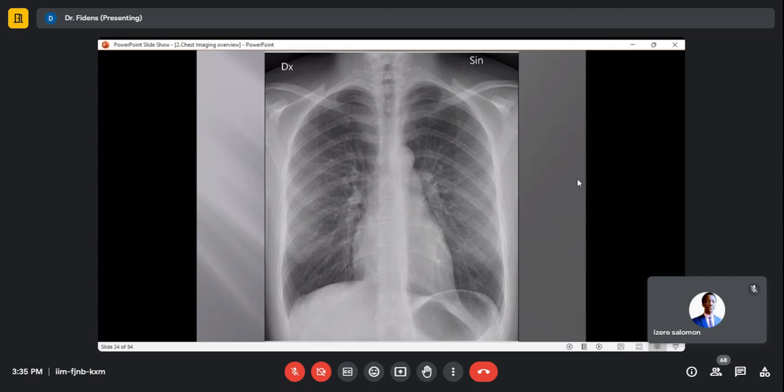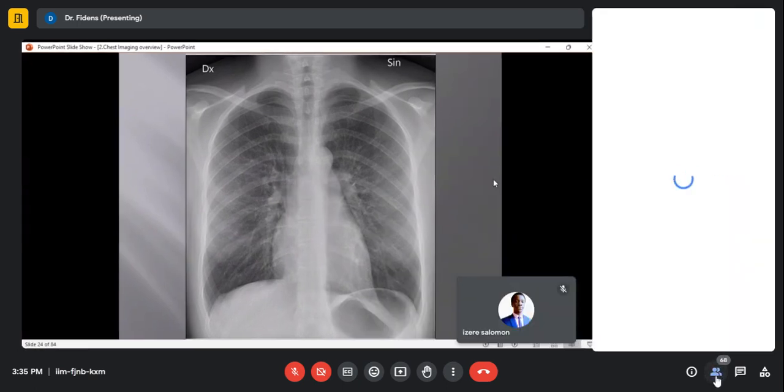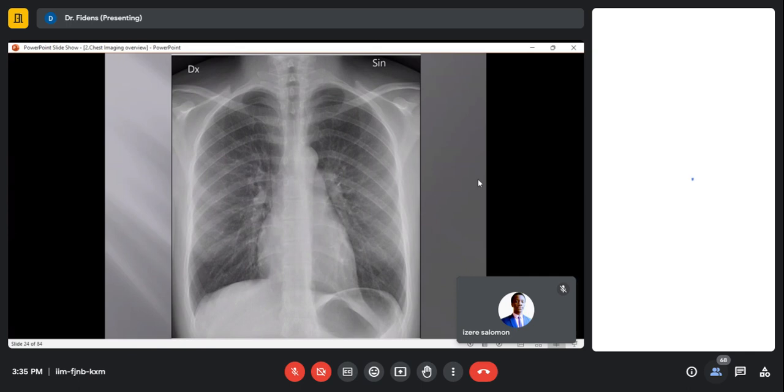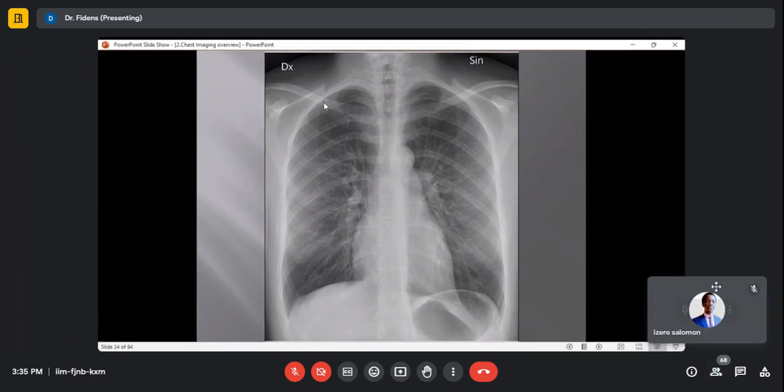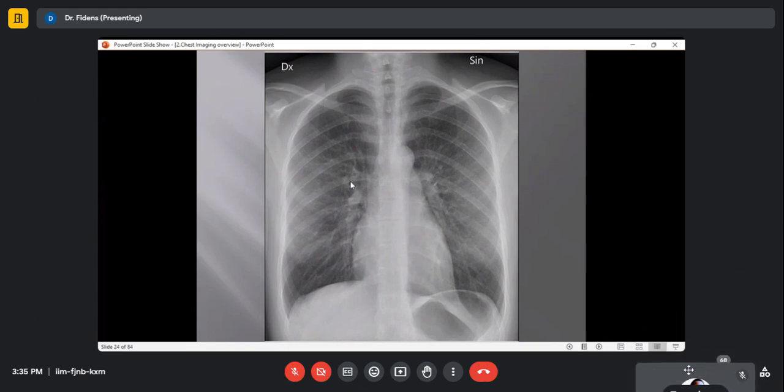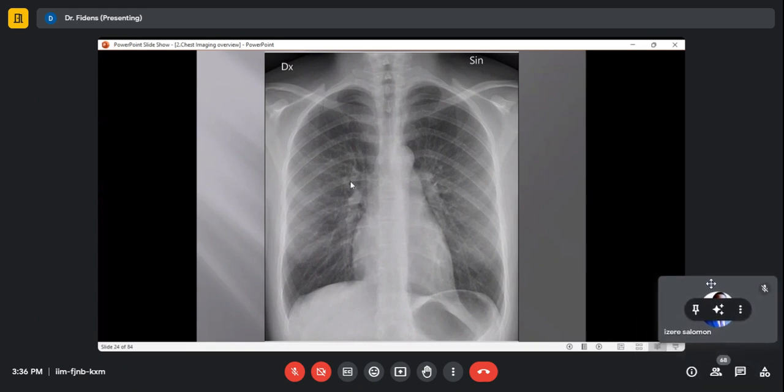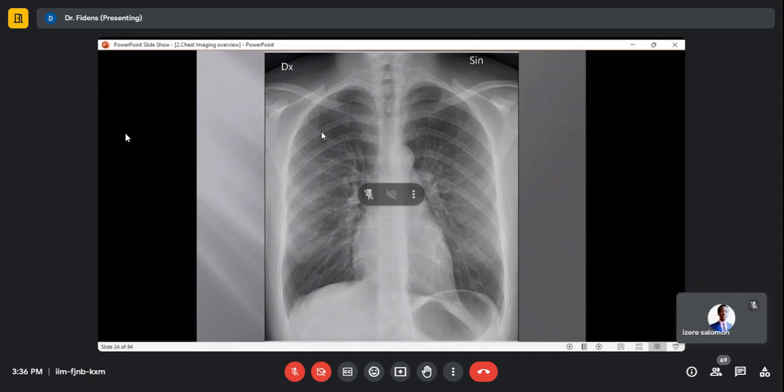So if you choose to count the anterior ribs, we have seen whether it is deep inspiration or not.